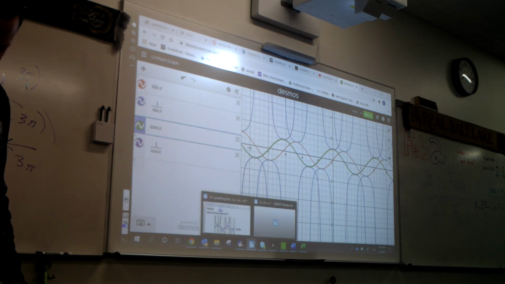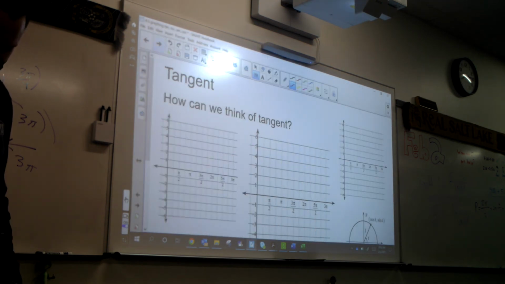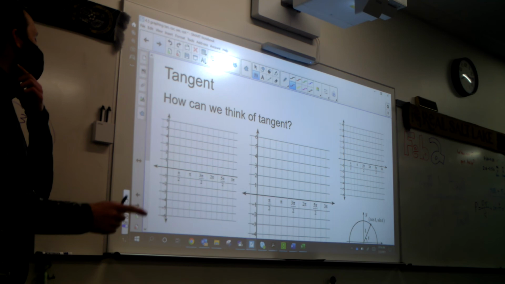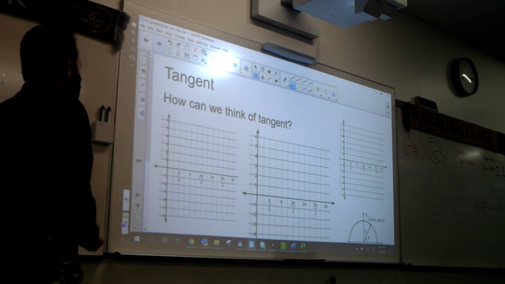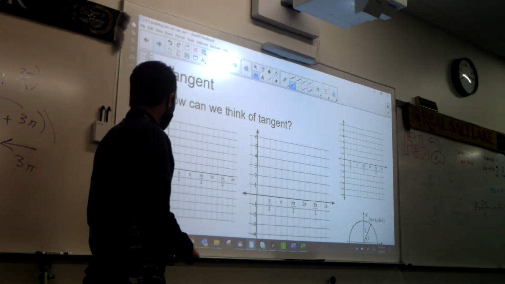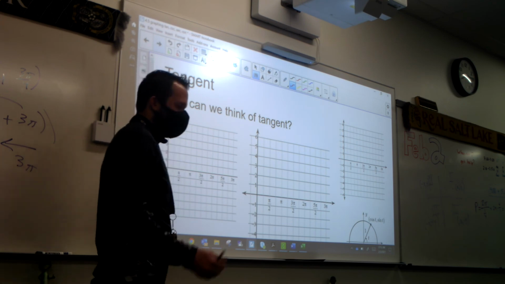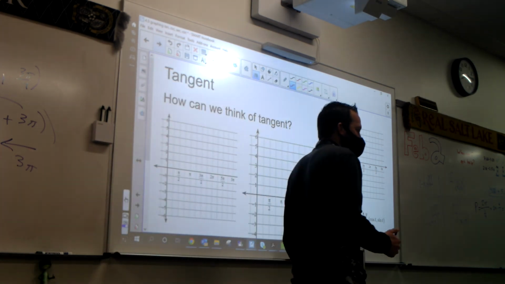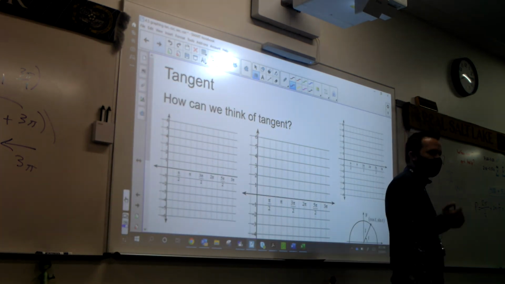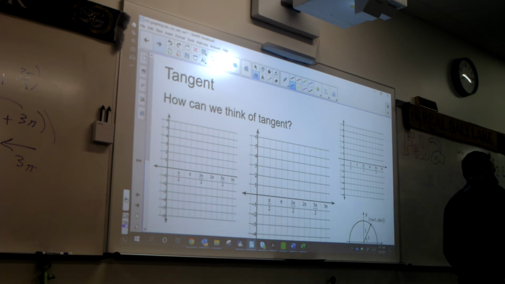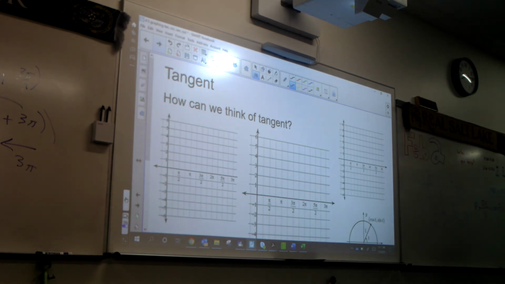So let's go back now. We've got secant and cosecant, now we've got to get tangent and cotangent out of the way. Now, when we first were reviewing tangent, how did we think of it? What does TOA tell you?